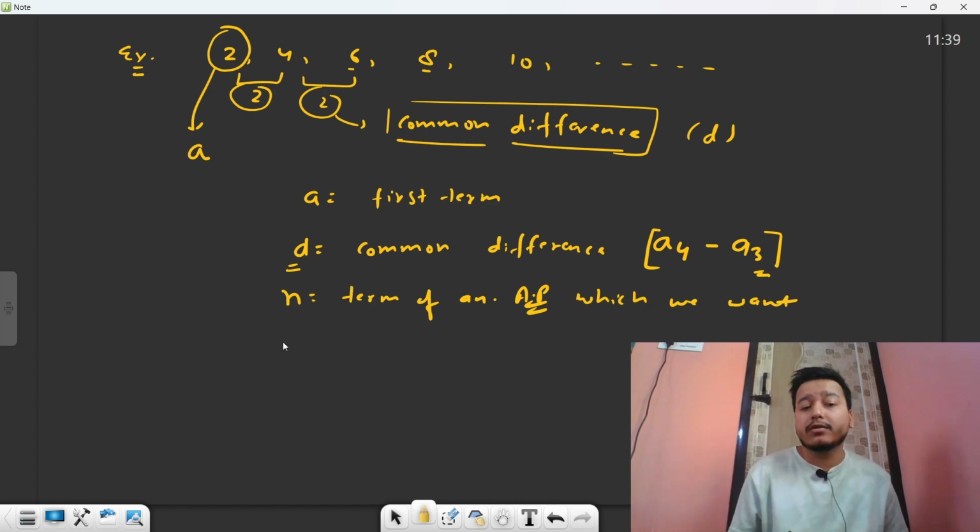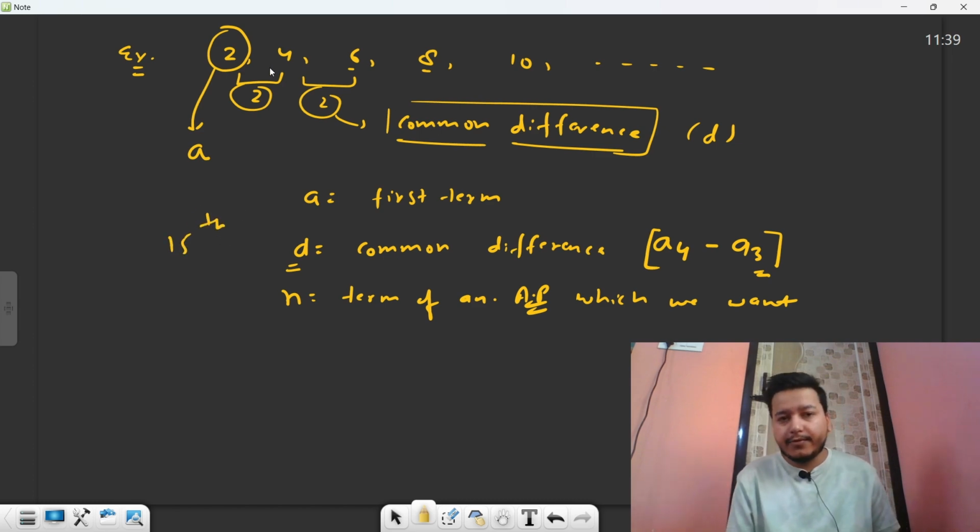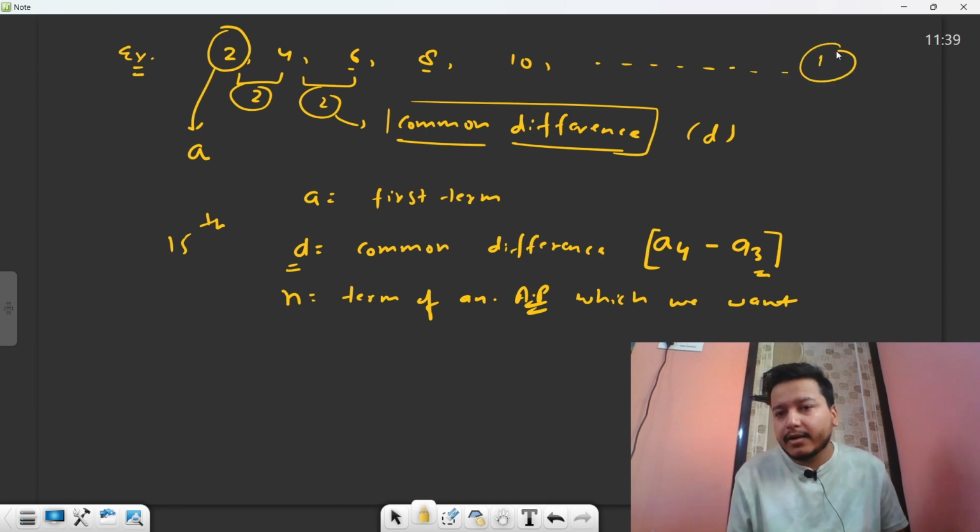Like if we want the 15th term of an AP, this is the first, second, third, fourth, fifth, and so on, the 15th term will come somewhere around here.